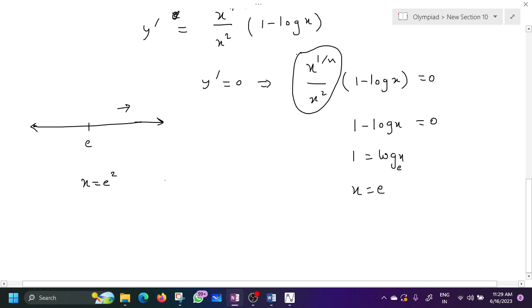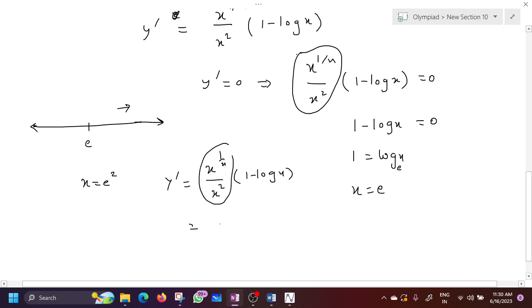This derivative y dash is equal to x to the power 1 by x by x square and 1 minus log x. Since this quantity is already positive, we need not worry about it, because it will always be positive no matter what positive value of x you are putting.